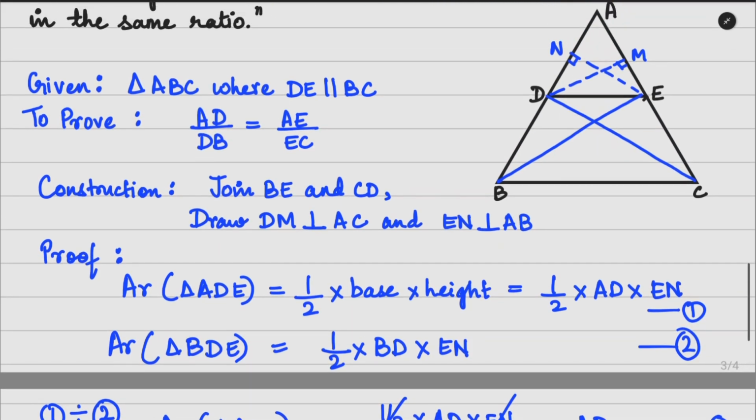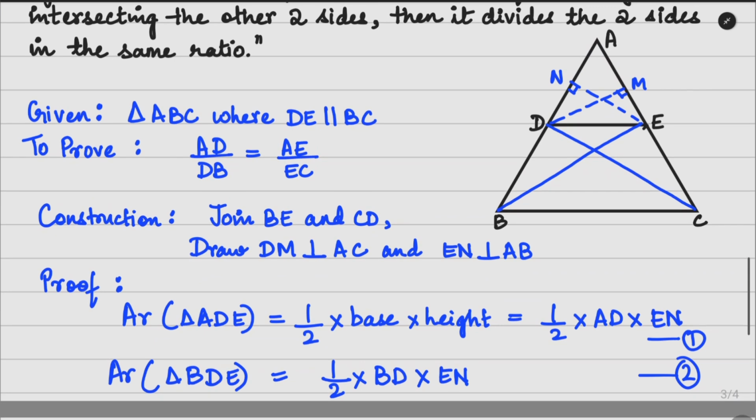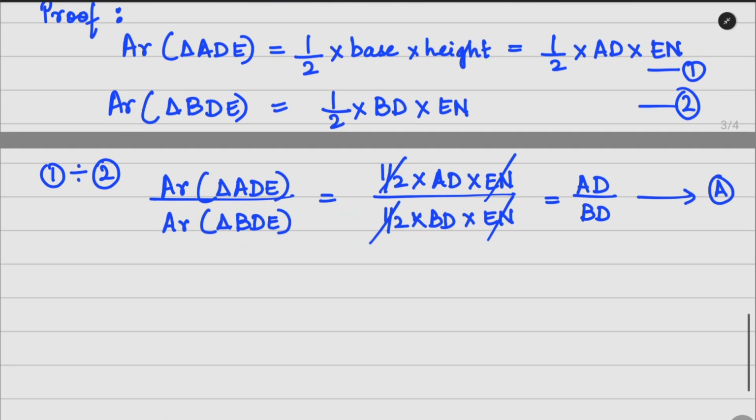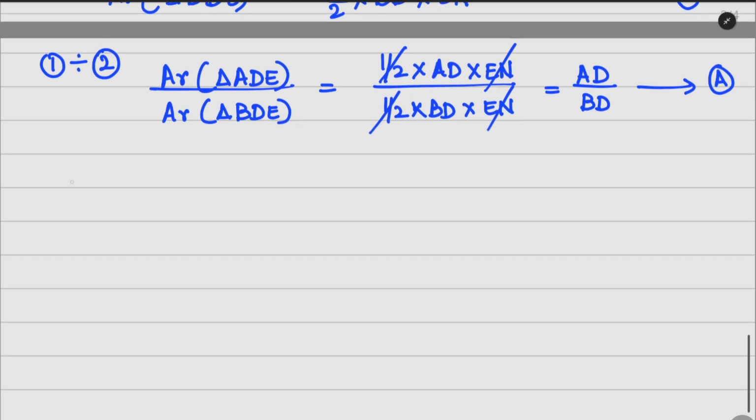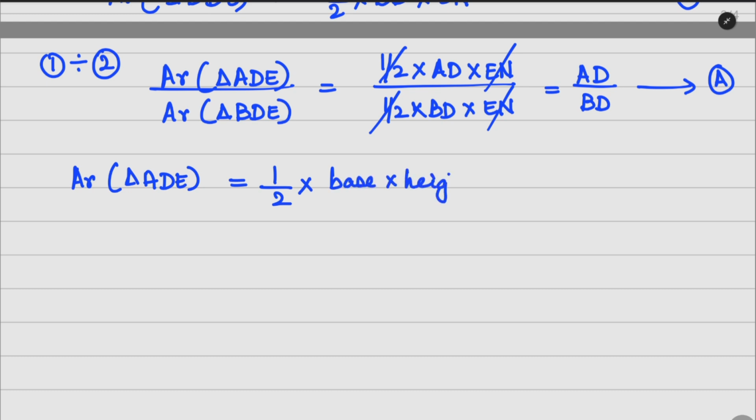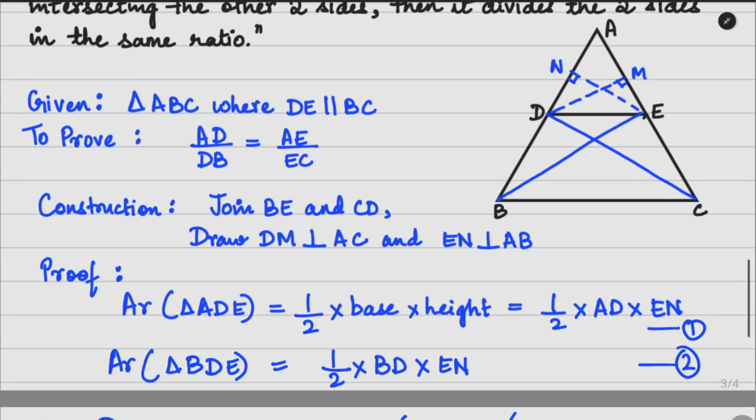Now let us go to the other side. Here you have to take the two other triangles, which are ADE and DEC. Again, area of triangle ADE is equal to half into base into height, equal to half multiplied by, what is the base?